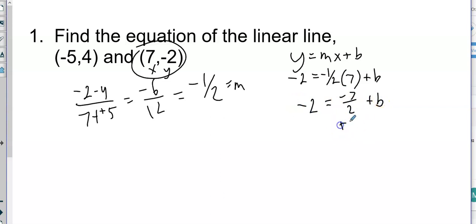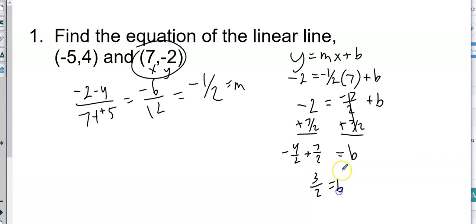I'm going to add 7/2 to both sides. I get b equals -4/2 plus 7/2, which is a total of +3/2, which is b.